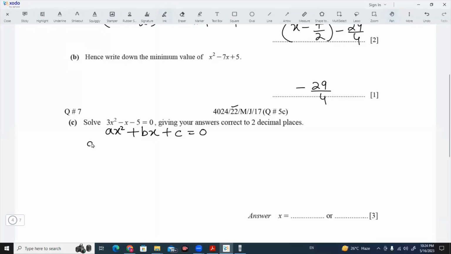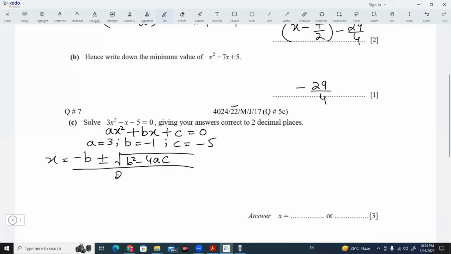A is the term multiplied with x squared, that is 3. B is negative 1 because the coefficient of x is negative 1. What about C? C is negative 5. Now remember the quadratic formula: x equals minus b plus minus square root of b squared minus 4ac, whole divided by 2a.